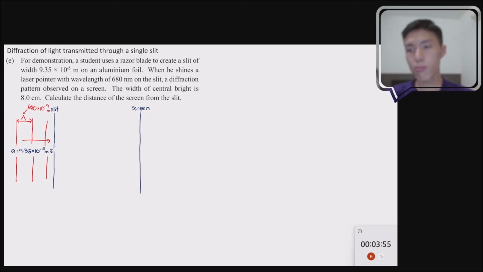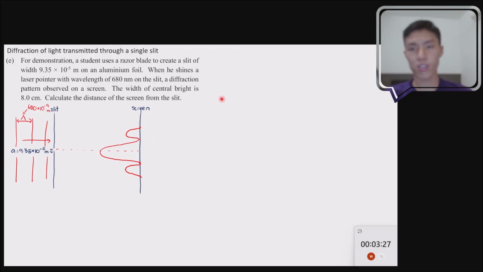So you form a diffraction pattern on the screen, and I believe you are quite clear with how the diffraction pattern looks like. For a diffraction pattern, you need to know that the central bright is twice the thickness of the other brights. So you can see that I draw my central to be twice the thickness of the fringes on the side.